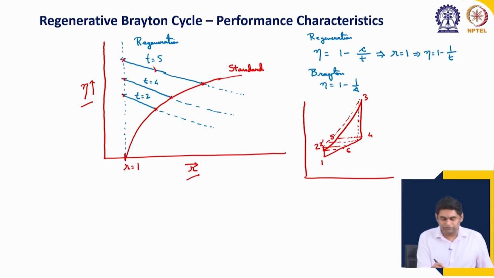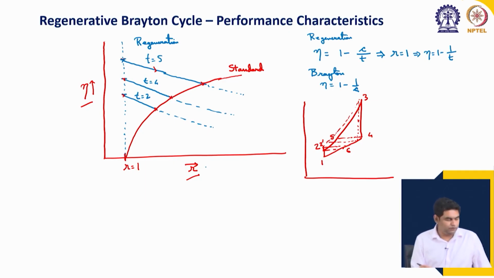So, this maximum value of efficiency is 0.8, which is a very high value, but of course there is no cycle which can be run at R equal to 1. It is just a theoretical value, but still the values remain high at smaller values of R.